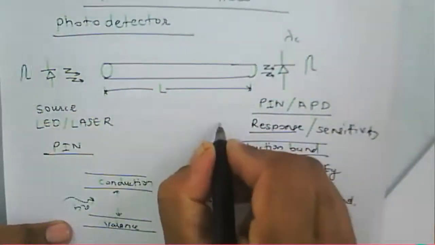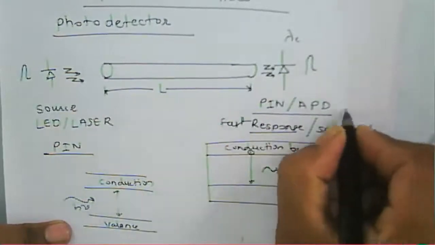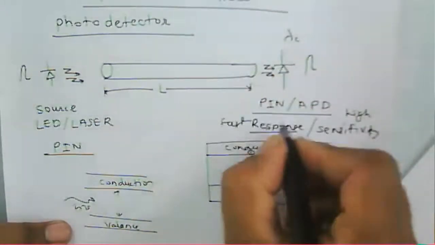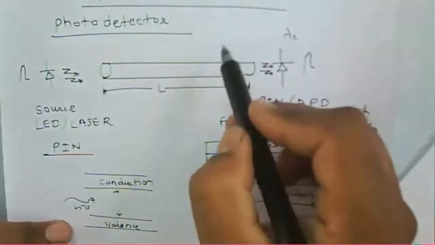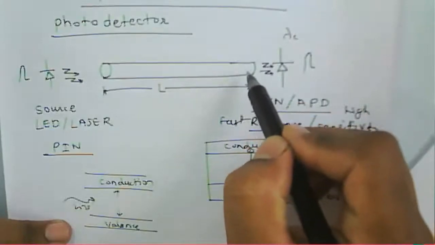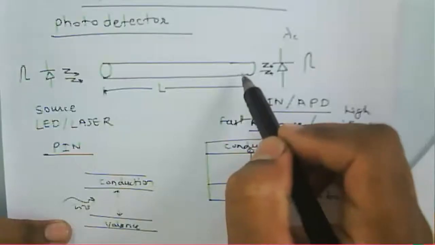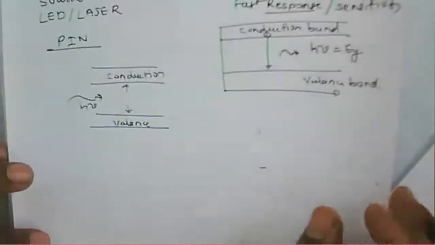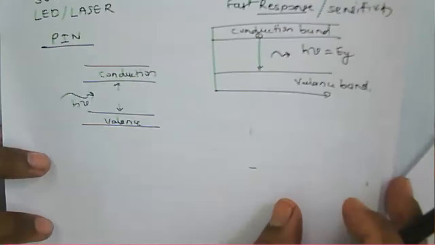We can say it has a fast response time, high sensitivity, and a small size, because for any application of fiber, the fiber may be of a small size. So we will see here how the pin diode works and what the structure of this pin diode is.